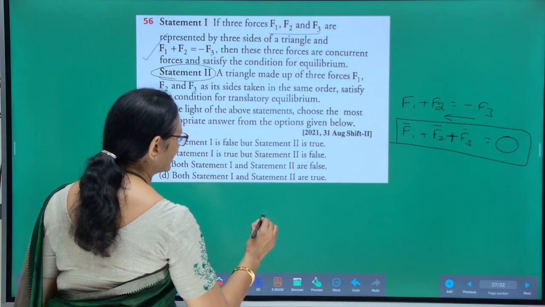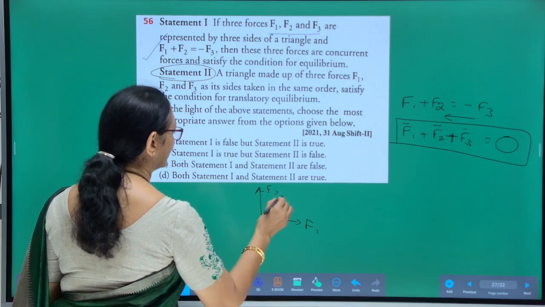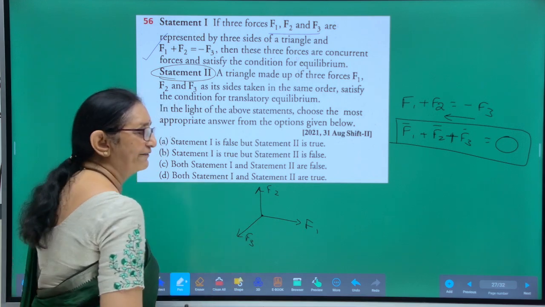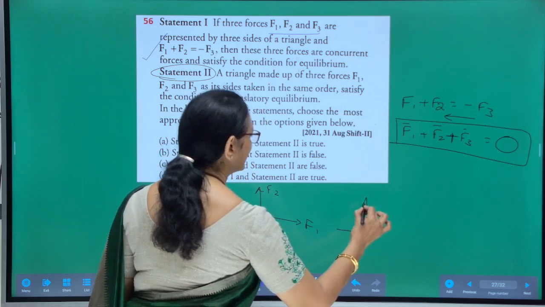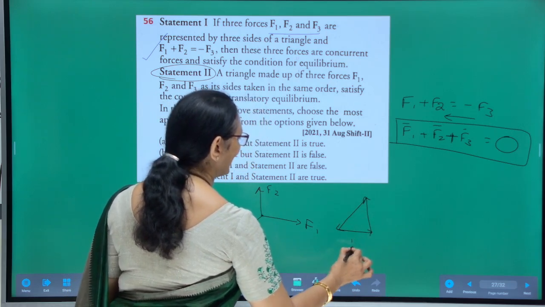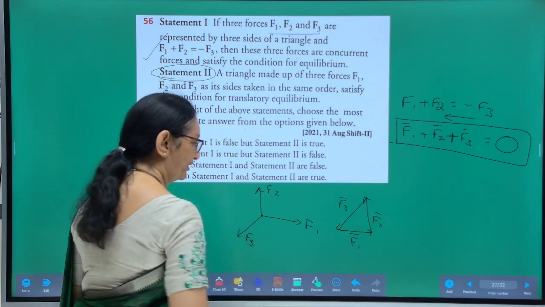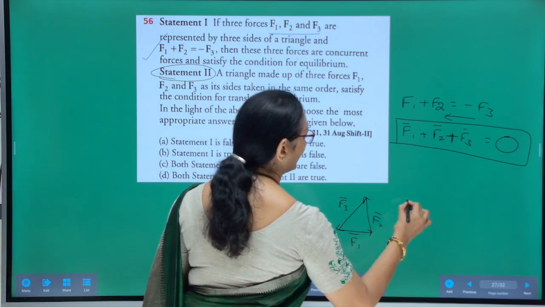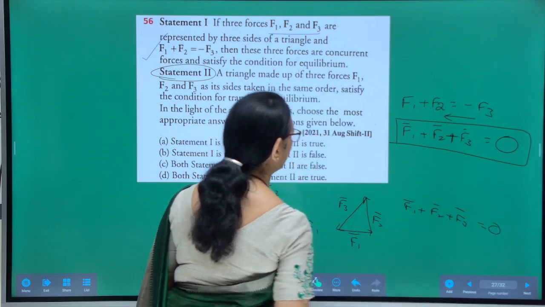When three forces simultaneously acting on a point, if they keep that point in equilibrium, then they are represented by the three sides of a triangle taken in order. So, from this it is F1 bar plus F2 bar plus F3 bar is equal to 0.